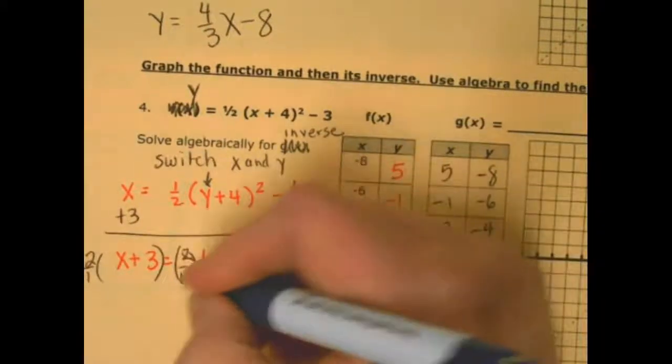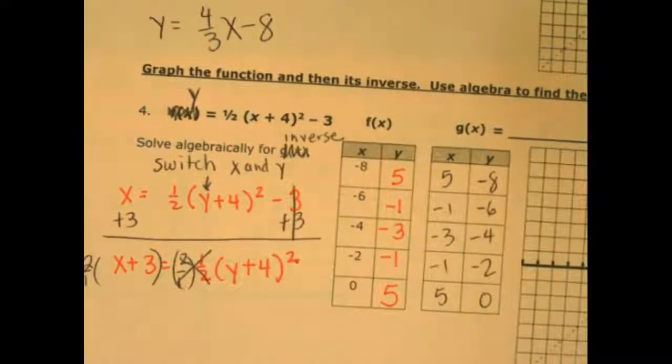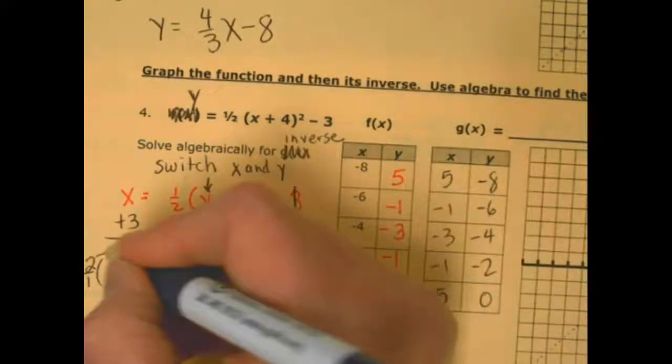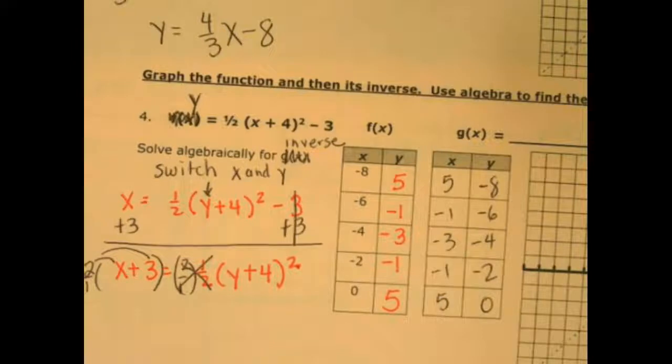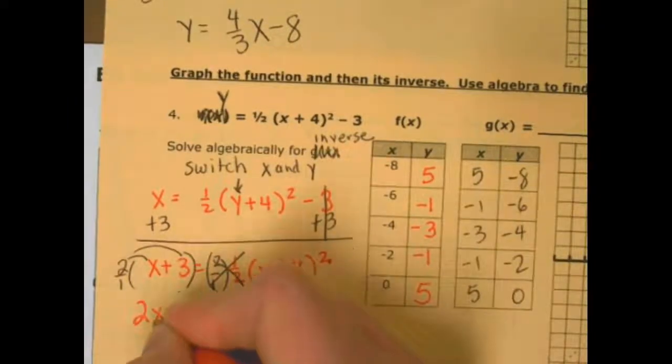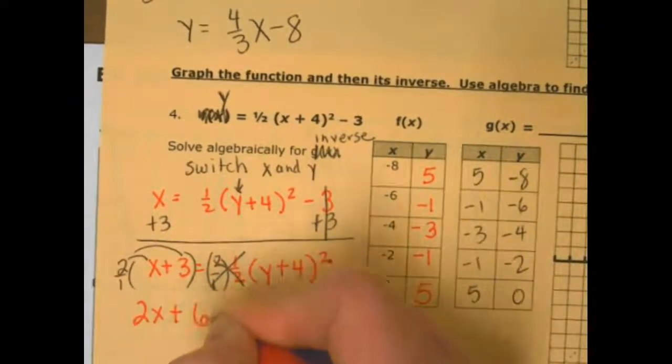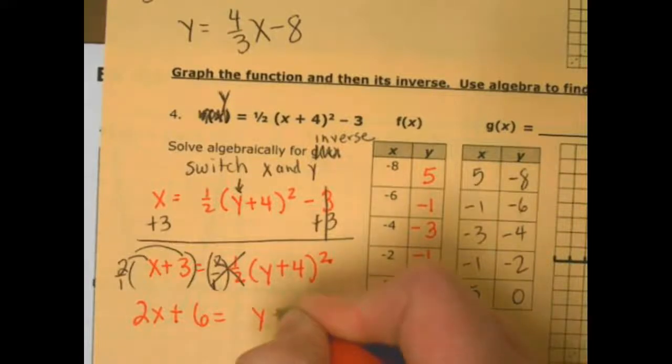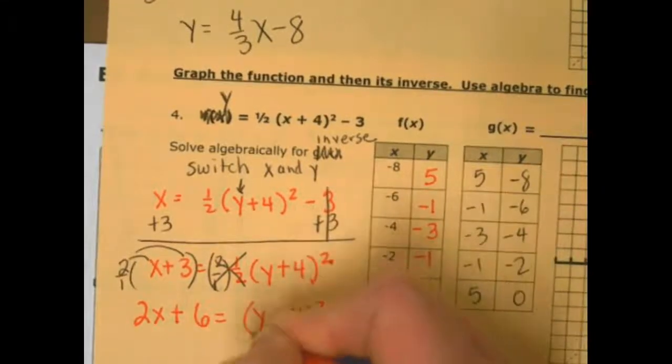So that the fraction will cancel. Distribute the 2. Because 2/1 is the same as 2. 2x plus 6. (Y plus 4) squared.